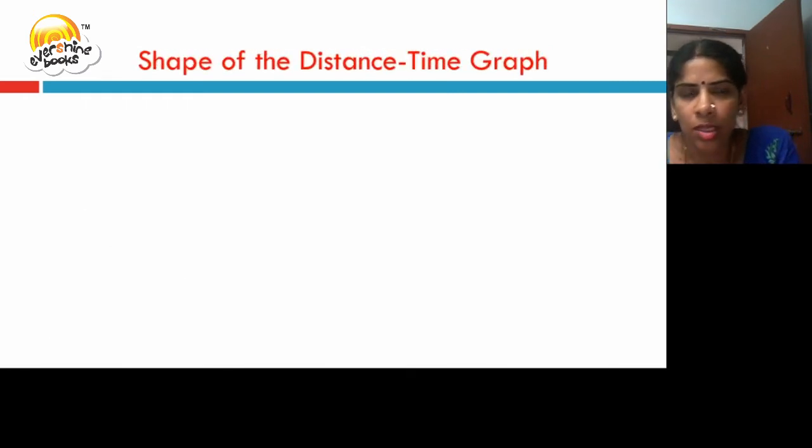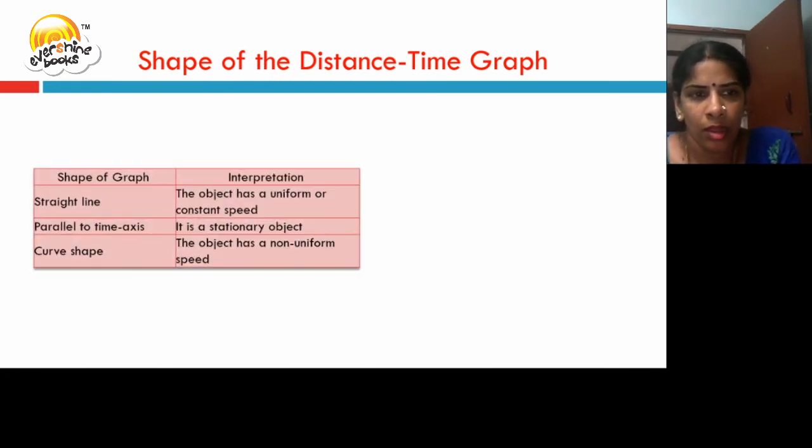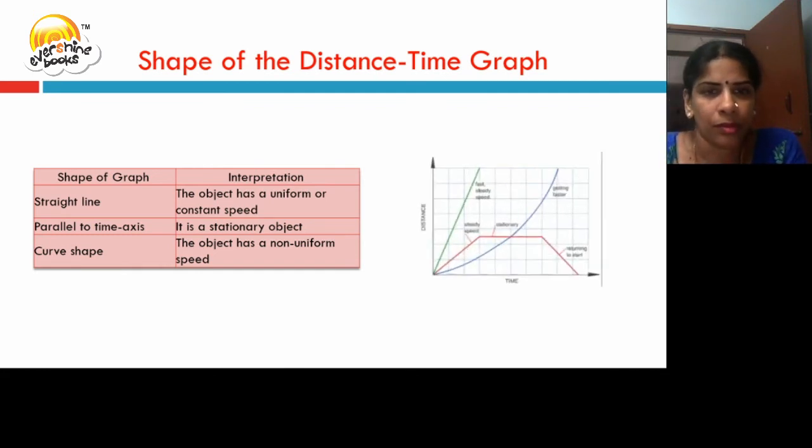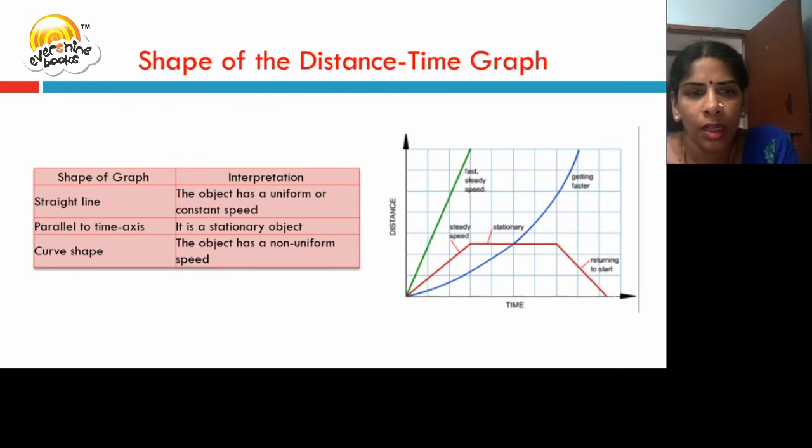Let us now discuss the shape of the distance time graph. There may be three possibilities of shapes in the graph. One might be a straight line, or might be parallel to the time axis, or might be a curve shape. We can see the graph and we can interpret.